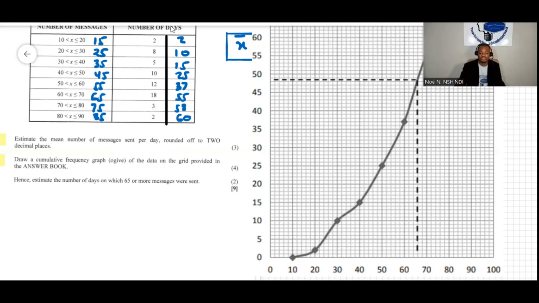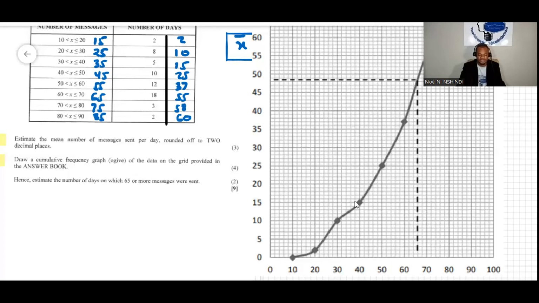So now we're going to use those cumulative values over here. First, from 10 to 20, it's 2. And then from 20 to 30, this interval, it's 10. So we connect from 2 to 10 there. And then from 30 to 40, it's 15. This is the interval 30 to 40.